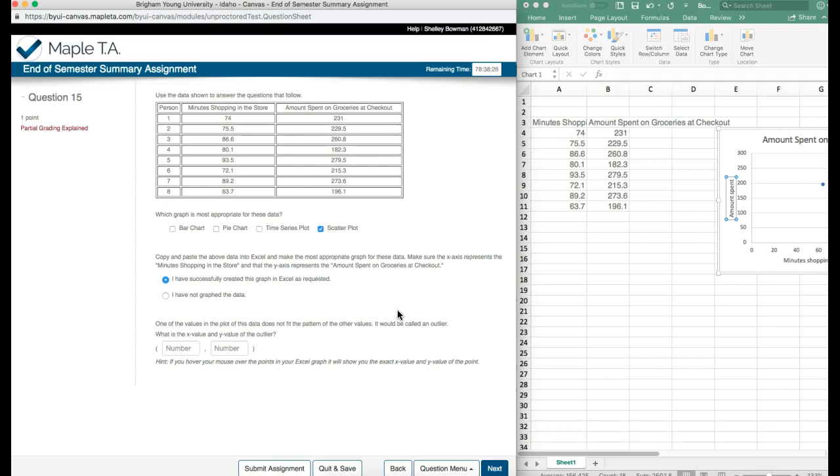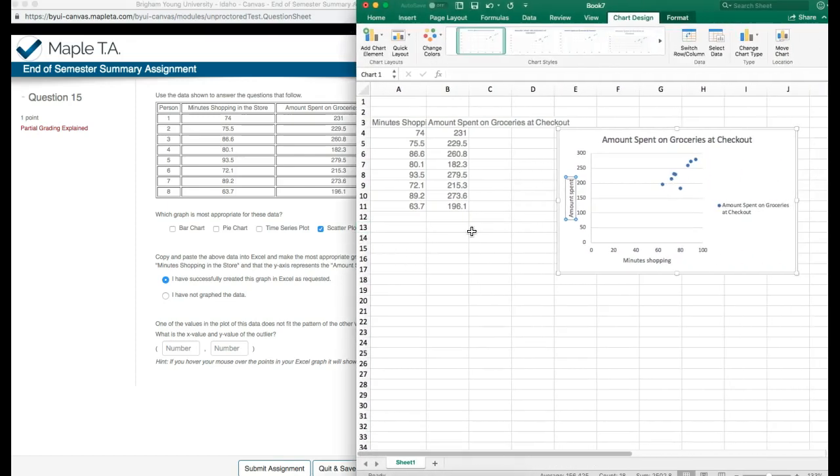Next, one of the values in the plot of this data does not fit the pattern of the other values. It would be called an outlier. What is the x value and y value of the outlier? So let's bring up our chart again and see where our outlier is. I can see this one right here does not match everybody else. It's about 80 something.